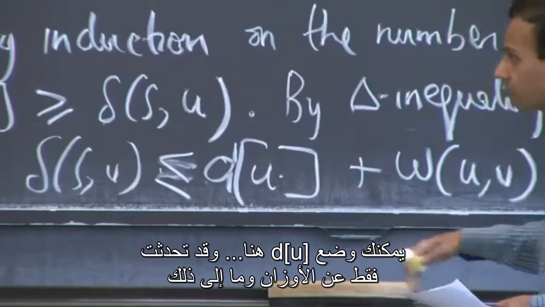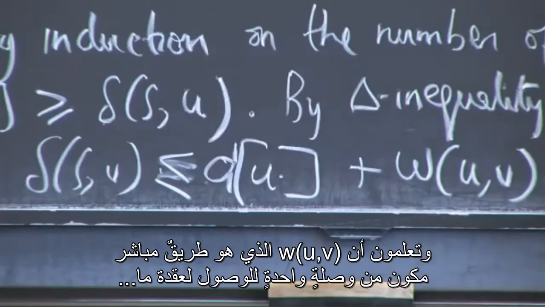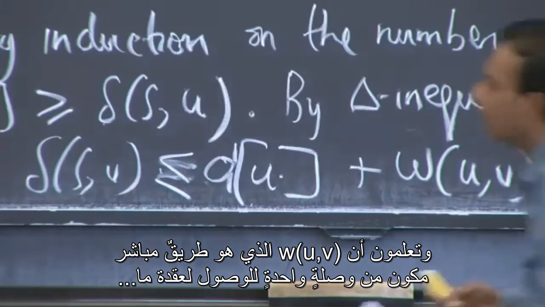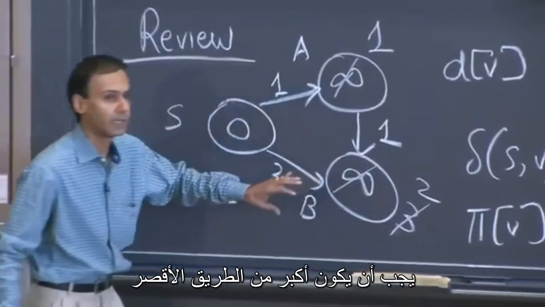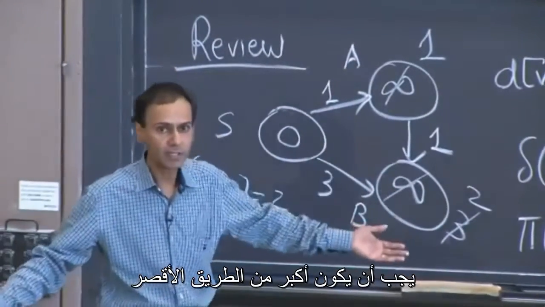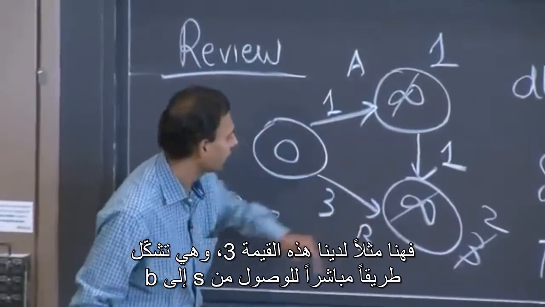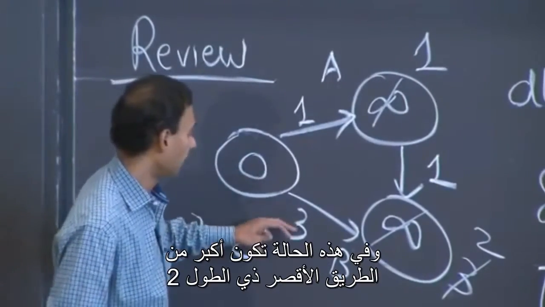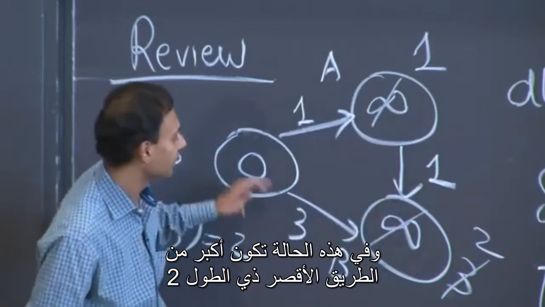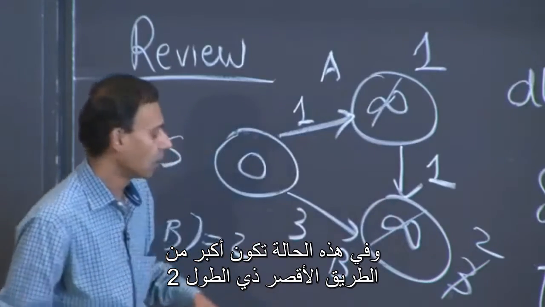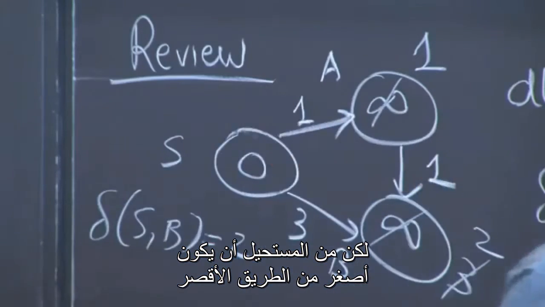And you know that w(u,v), which is a direct, single-edge way of getting to a node, has to be greater than the shortest path. Like here, this 3 value is a direct way of getting from S to B. And in this case, it's greater than the shortest path, which is of length 2, but it can never be smaller than the shortest path.